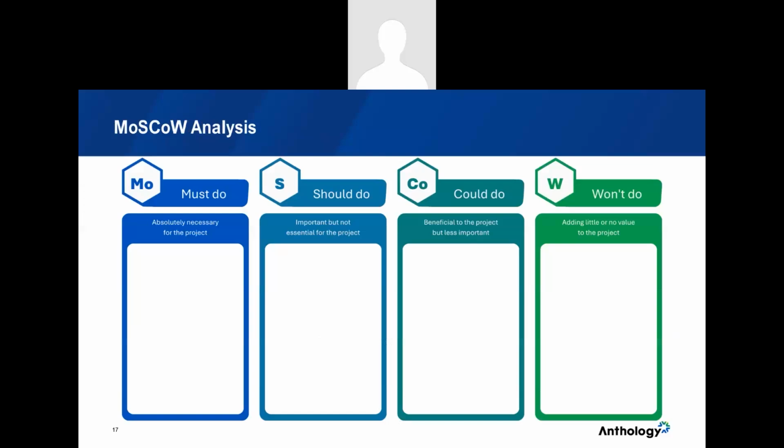Once you have all of your tasks or ideas or challenges listed, then you can categorize them in must do, should do, could do, or won't do, or maybe won't do right now for the initial launch. Now, this is a worksheet that is available in our Modernization Planning course.